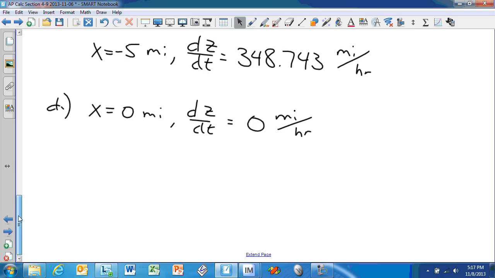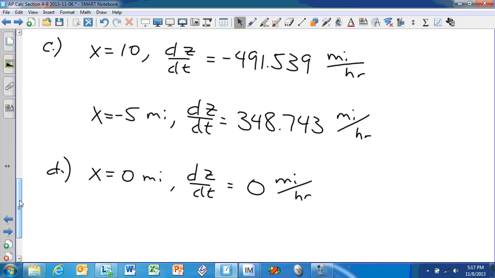And the reason why is, if you look again at our rates that we got previously, when the plane was out in front of us still and coming towards us, the rates were negative. And then all of a sudden when the plane goes past us at negative 5, the rate is positive. So somewhere it has to go from being negative to positive. It has to transition through 0 in order for that to happen. So it turns out that right at x equals 0, when the plane's right overhead, the rate is 0.